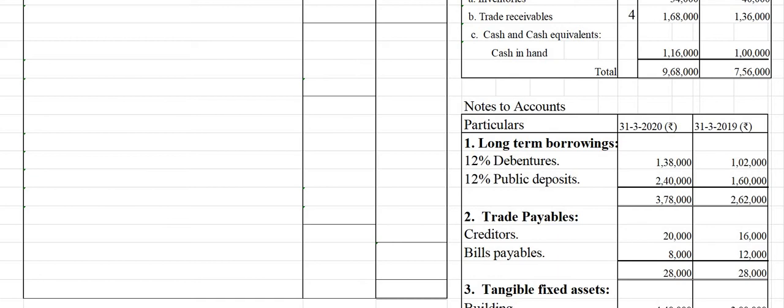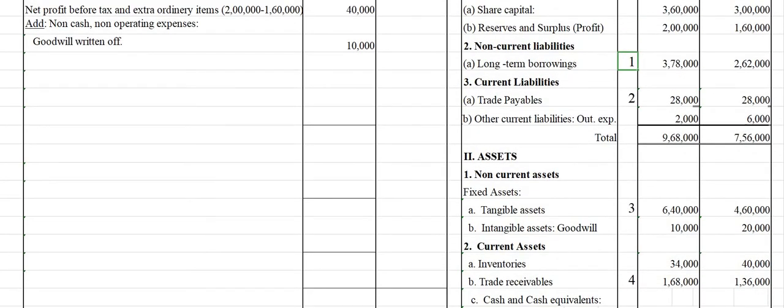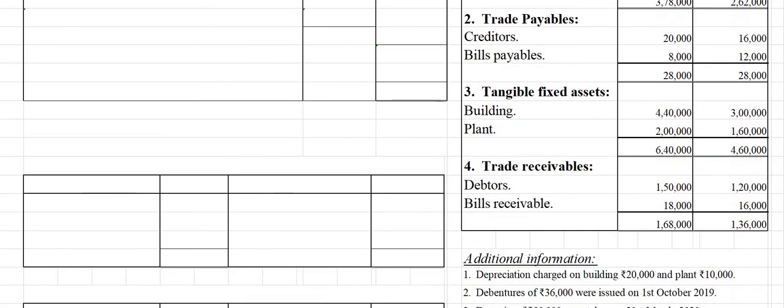Then note number 2, it is trade payables. Trade payables in details given here. What is it? Creditors 20,000 and 16,000, and bills payable 8,000 and 12,000. That means last year it was 12,000 and this year bills payable 8,000.